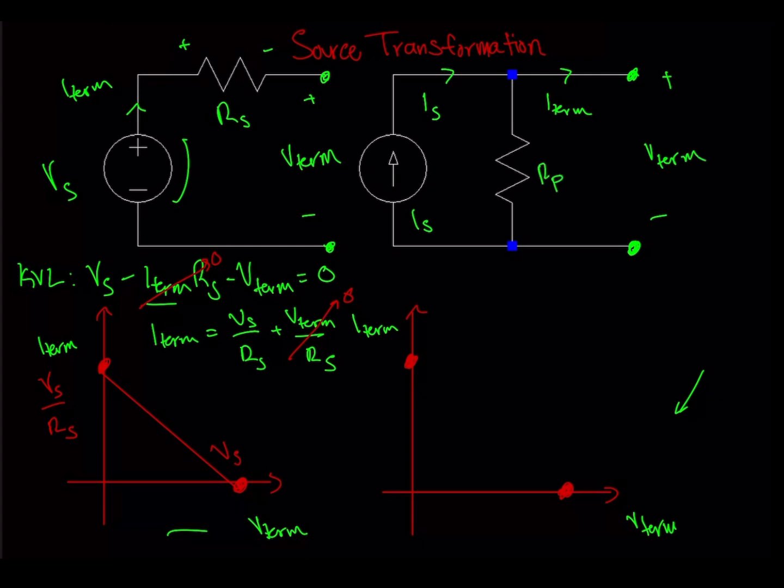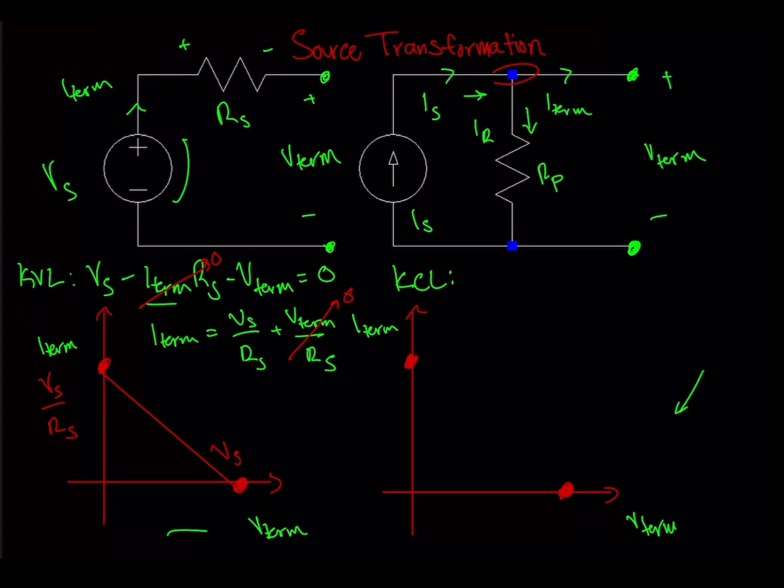Now because of this junction here and the independent voltage or current source, we're going to use KCL here. And again, KCL states that the sum of the currents entering a junction equals the sum of the currents exiting. So here we've defined Is as entering, and then this current here, which we can label as IR actually, exiting as well as I terminal exiting.